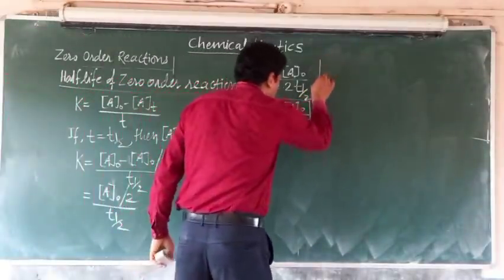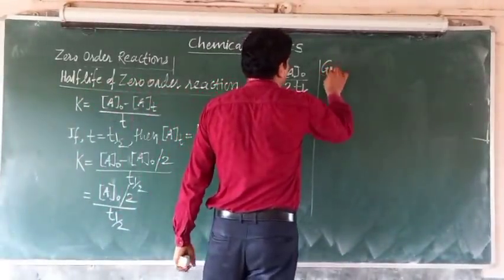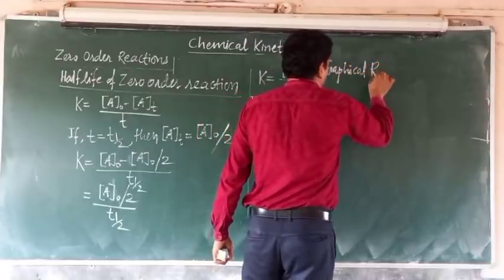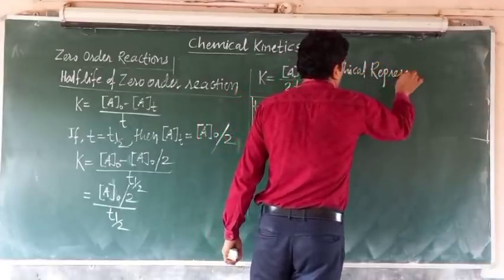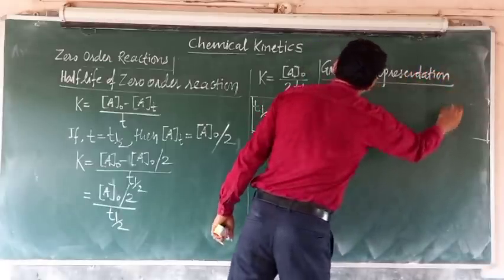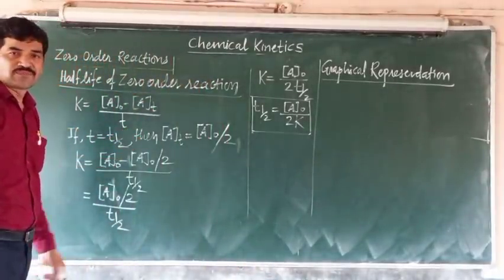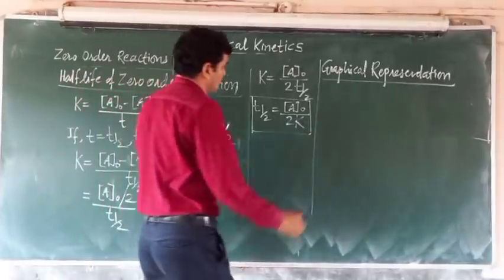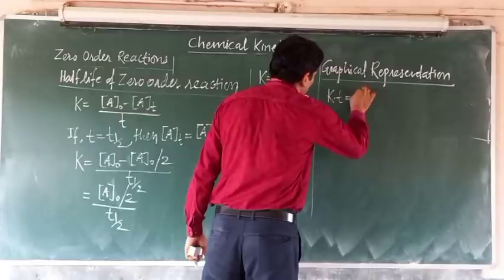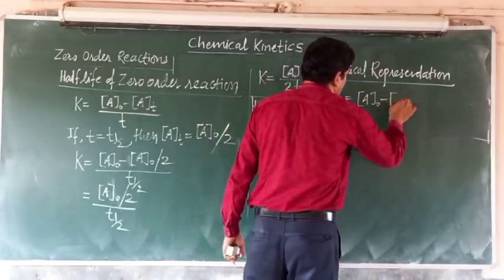Then the graphical representation of the zero order reaction. For the zero order reaction, we can plot the graph from its integrated rate law, written as k into t equal to A0 minus At.